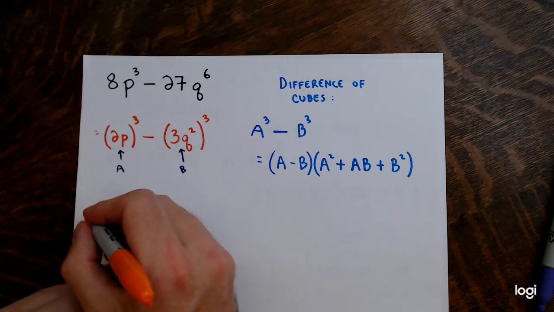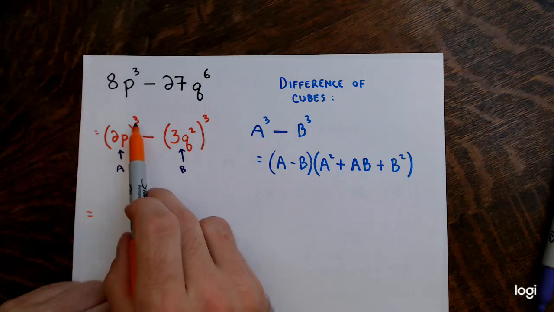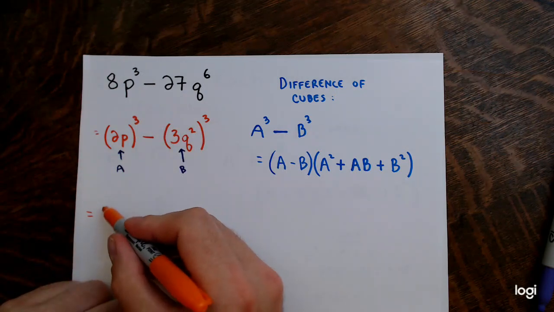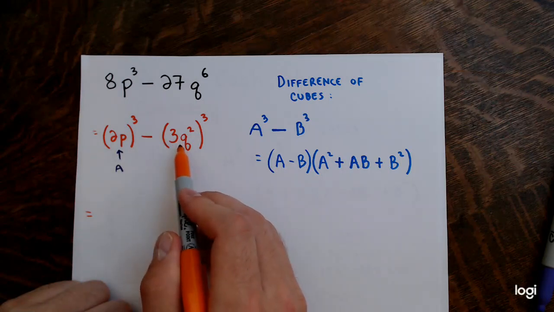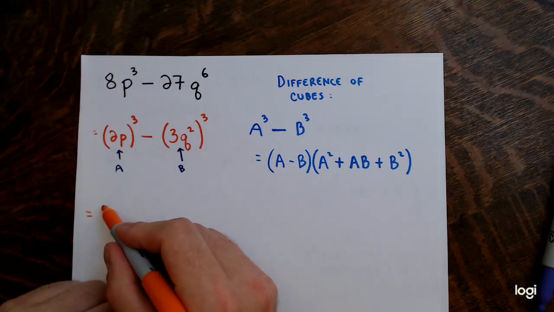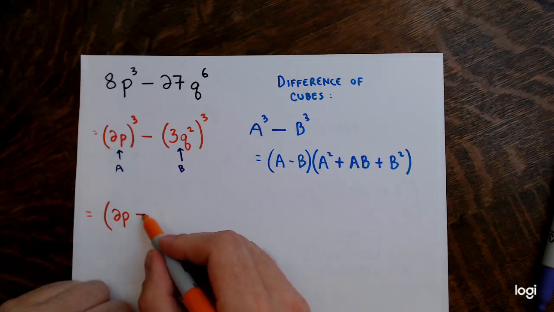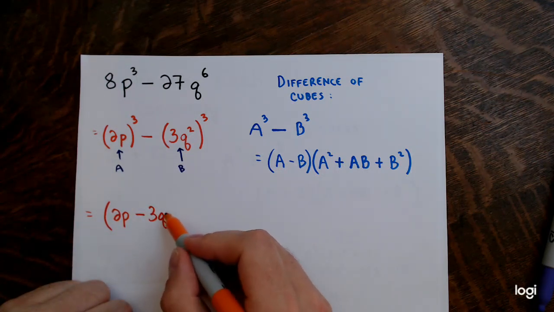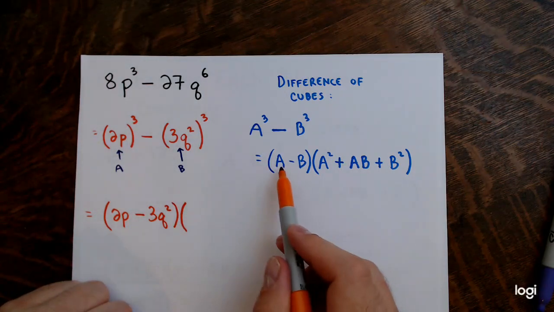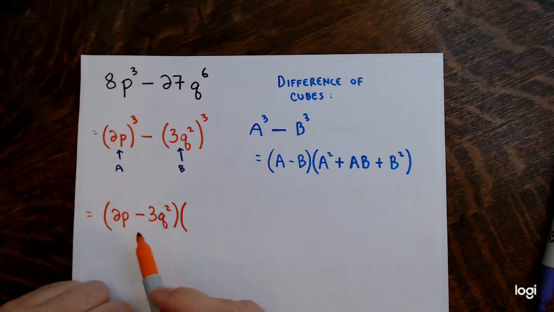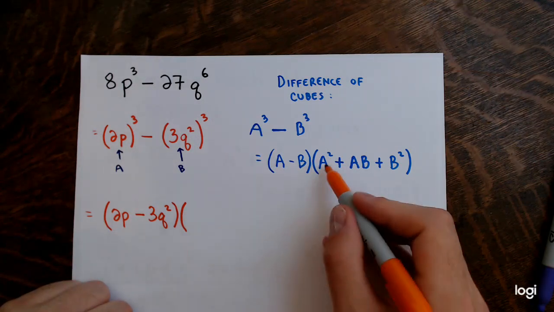So let's do that. The way this factors, the first factor is simply get rid of the cubes. So this 2p cubed minus 3q squared cubed factors to 2p minus 3q squared, times, okay, so there's your a minus b, times, and then the a squared.